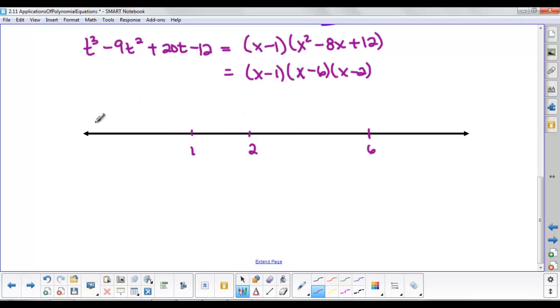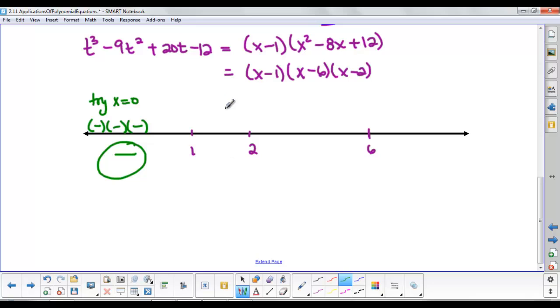So less than 1, I'm going to try testing x equals 0. When I sub in 0 into each one of these brackets, I get 0 minus 1, that's going to be a negative answer. I'm going to get 0 minus 6, which is also a negative answer, and then 0 minus 2, also a negative answer. And if you think about it, a negative times a negative times a negative altogether is going to be one big negative answer.